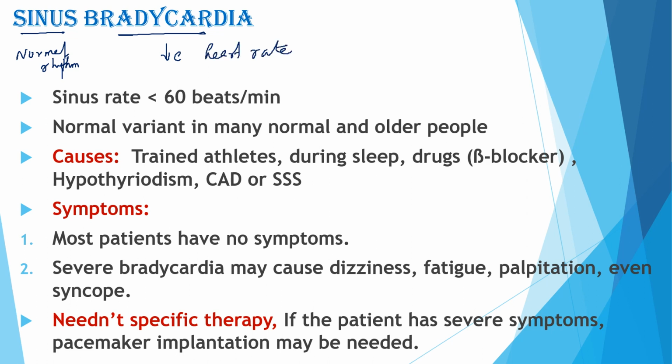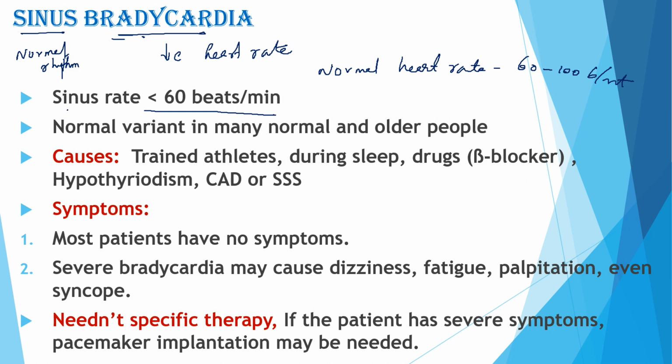So the sinus rate will be less than 60 beats per minute. Usually we know normal heart rate is 60 to 100 beats per minute. So when there is a heart rate less than 60 beats per minute, that is called bradycardia.